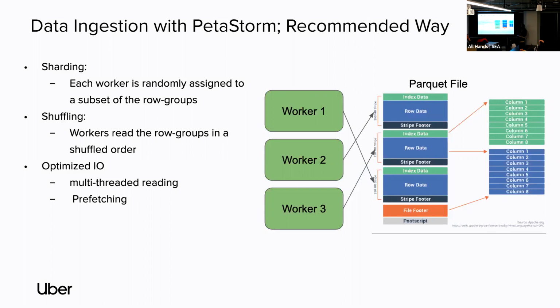The way it works is that it reads from Parquet files. If you're not familiar, Parquet files are broken into row groups. So your entire data is broken into units, and the smallest unit that you can read sequentially is a row group. They're usually a few hundred megabytes in size, 250, 300 megabytes.